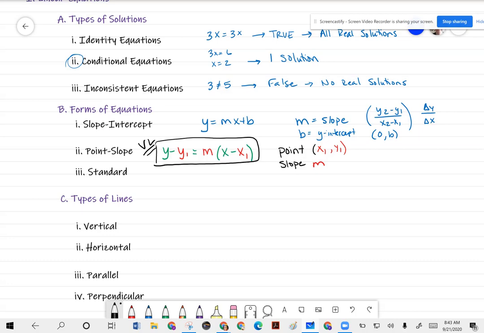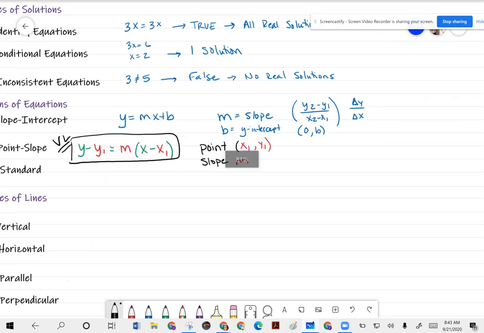But what we will be doing is that we are going to bring this over to the other side, and we're going to refer to this as our modified point slope.